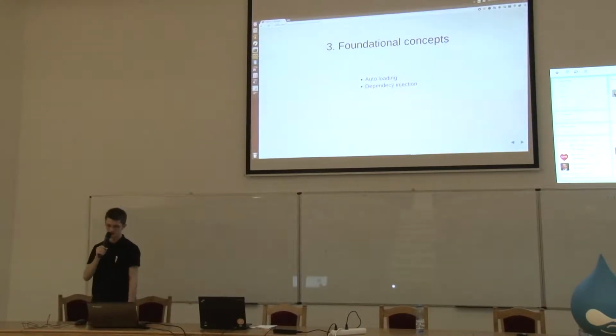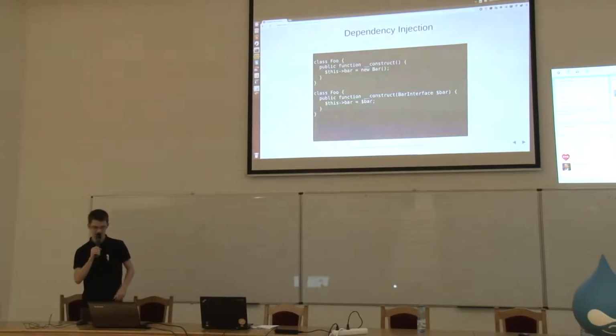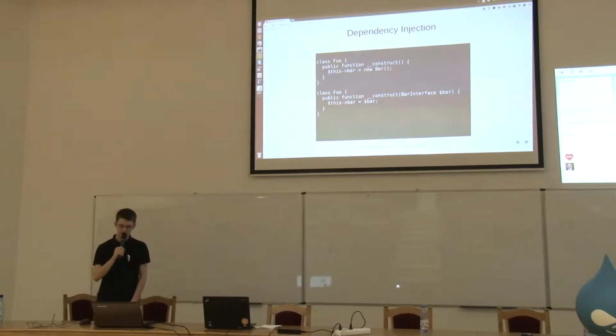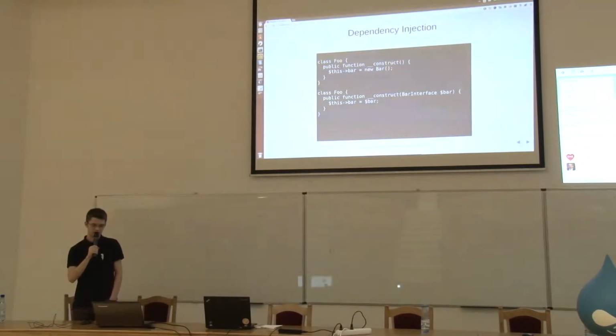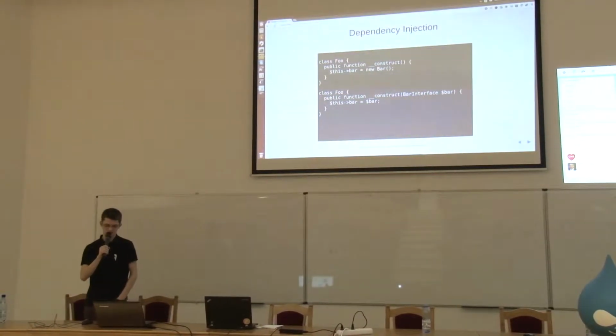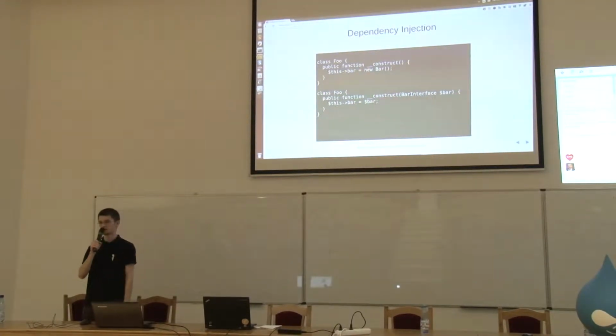Okay, dependency injection. There are a lot of talks on this. This is a simple example of that. Benefits are that the code is reusable because we can pass new parameters to the constructor of that class instead of having them hard-coded there.